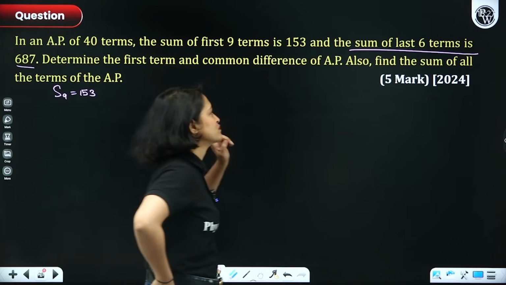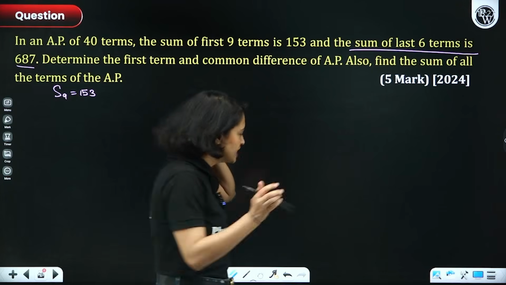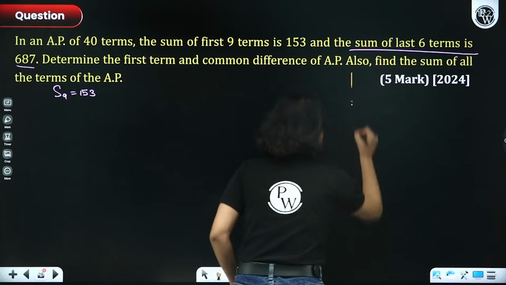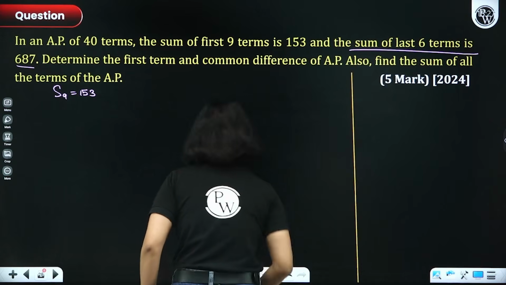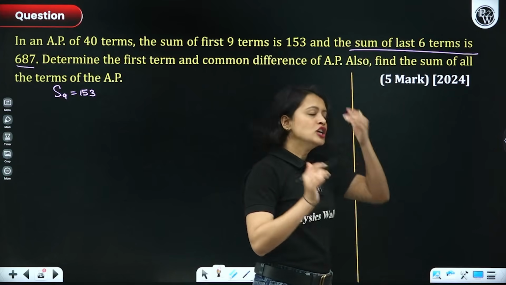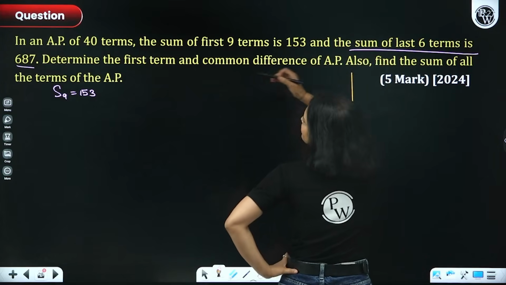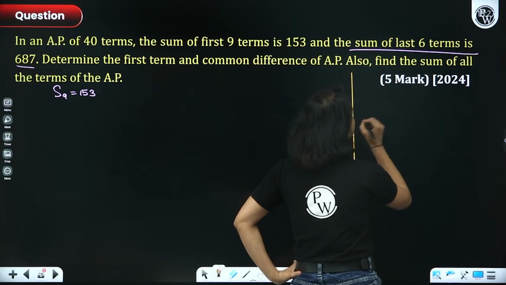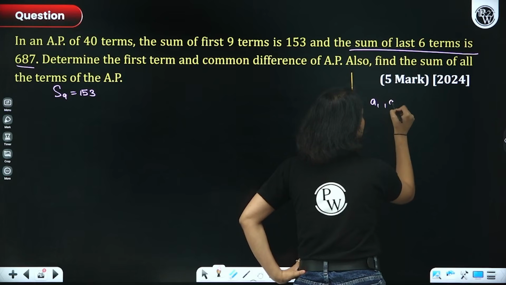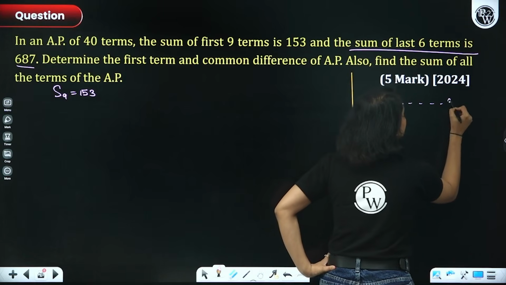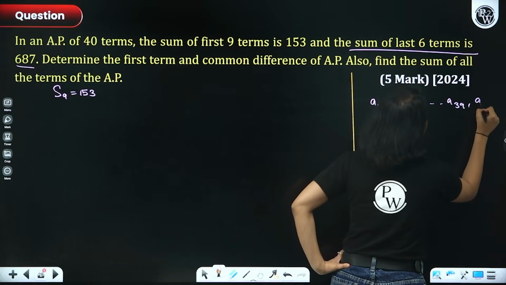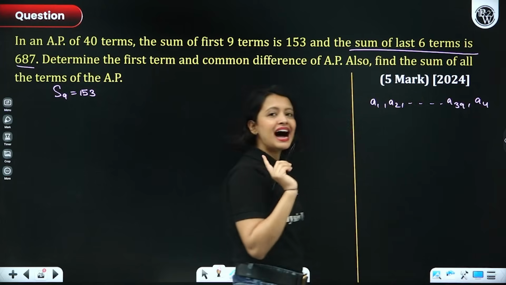Let's apply our brain, everyone, and think. Let's suppose we have an AP of 40 terms, right? So A1, A2, till A39, A40 we have. We have to figure out the sum of last 6 terms.